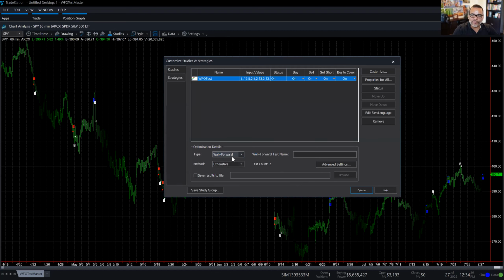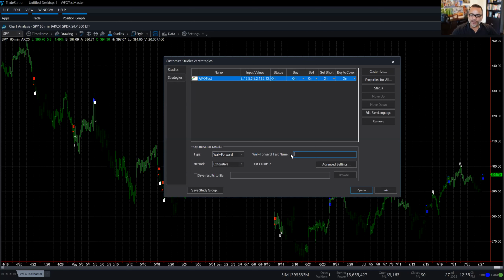That's the way that you first have to generate some testing data that the walk forward optimizer can use, by coming here and setting the type to walk forward and giving your file a custom name. The other settings don't really matter, but this is the most important one to be able to use data in the walk forward optimizer.